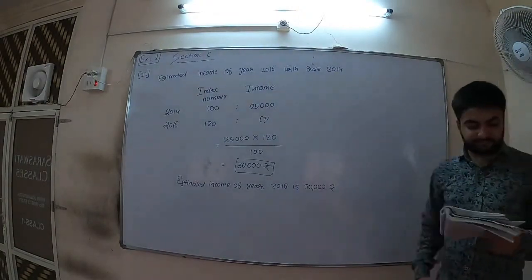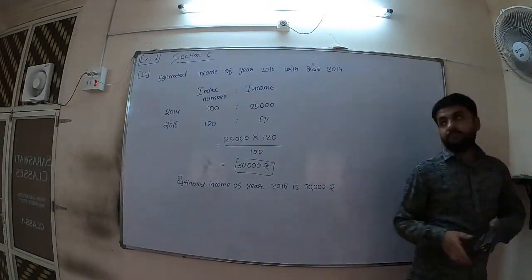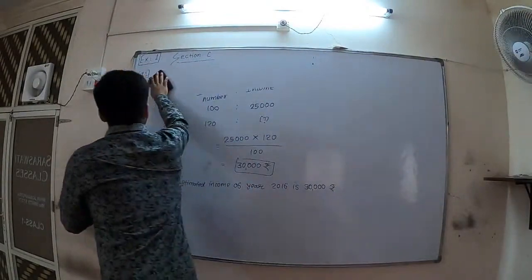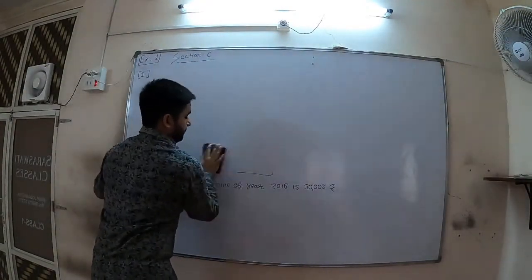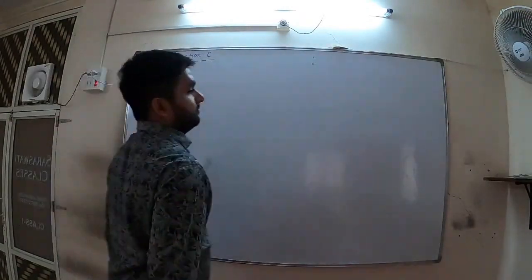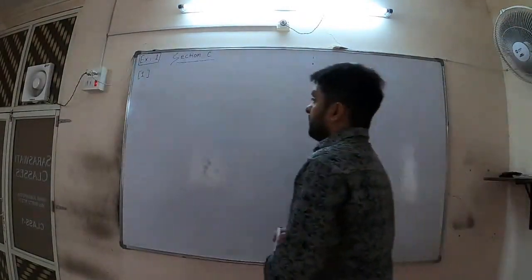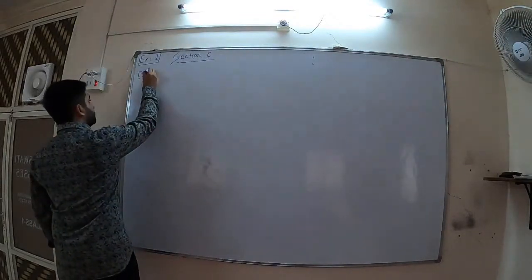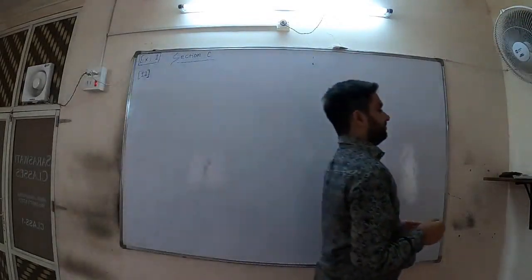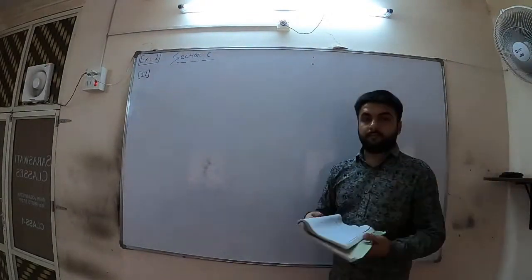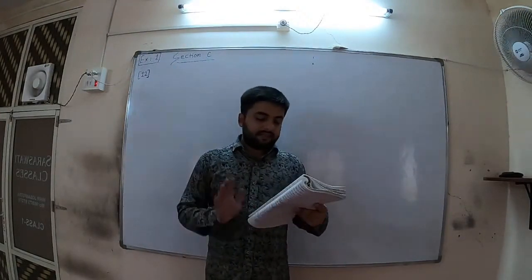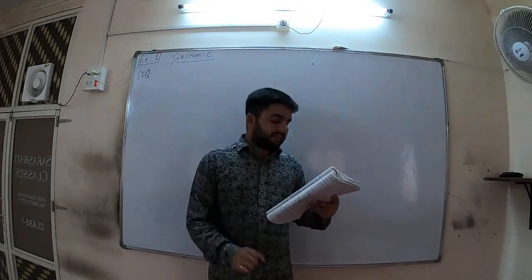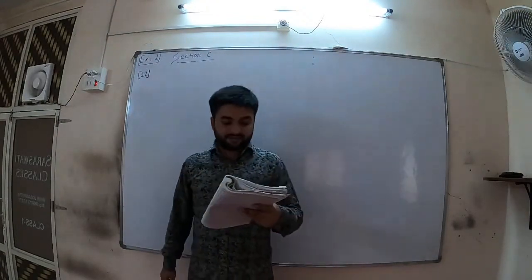Now the 12th sum. For the 12th sum, the average monthly income of a worker was 16,000 in the year 2015 and it increased to 20,000 in the year 2016.